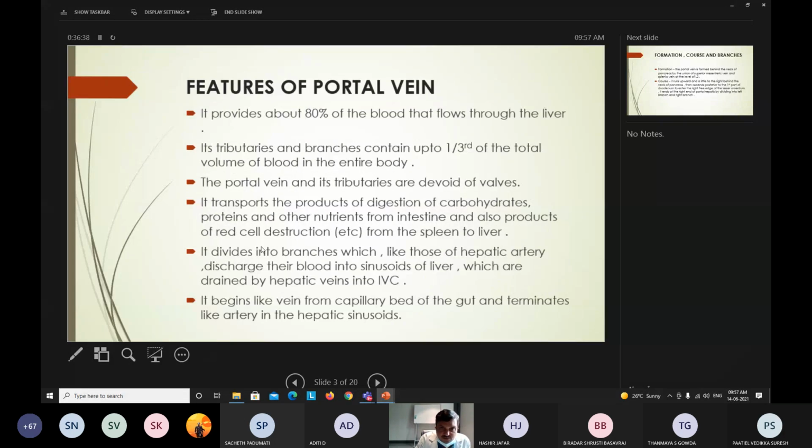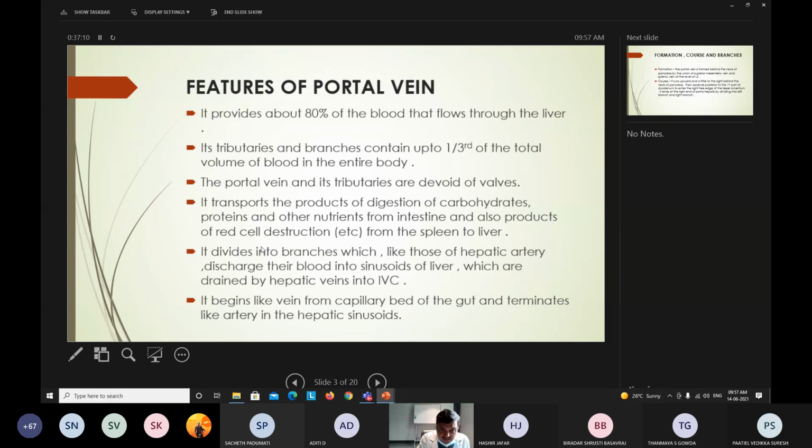Remember the features of the portal vein, how the portal vein differs from other veins. There are so many veins, like the great saphenous vein, inferior vena cava, and superior vena cava, and this vein differs from other veins by the following points. Being a vein, it supplies 80% of blood to the liver, and 20% is by the hepatic artery.